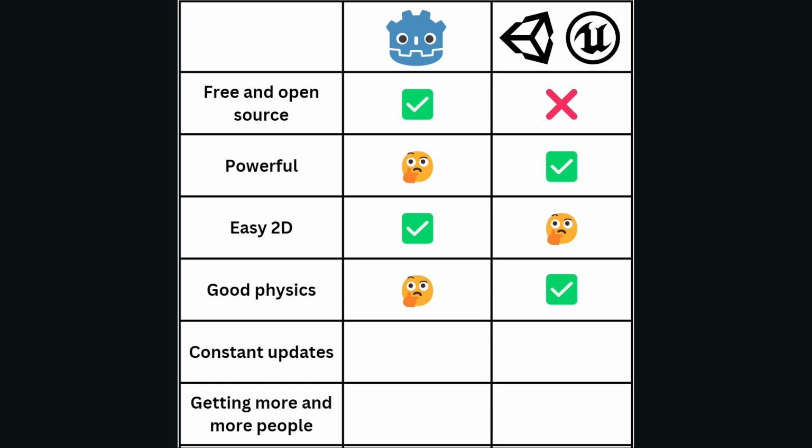So yes, Godot physics are quite good, but sometimes the behavior that you want to achieve, you are going to achieve much more easily and with much less time spent in Unity, for example, than in Godot.